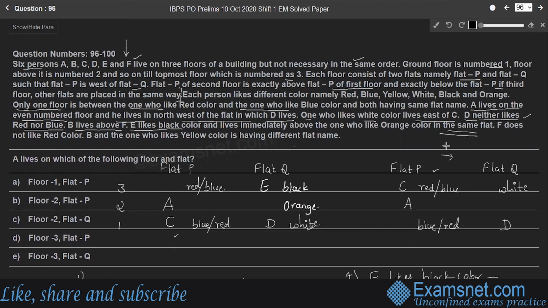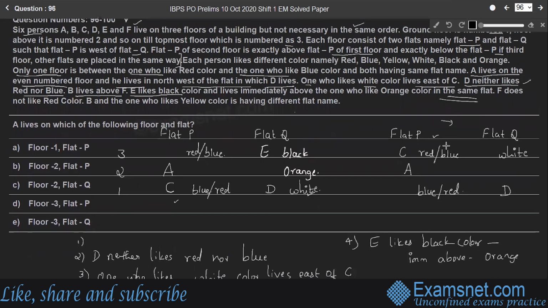Whereas in case 2, E likes black color, which means E is liking black color, who is living on the second floor, and the one who likes orange is D in the second case, right?